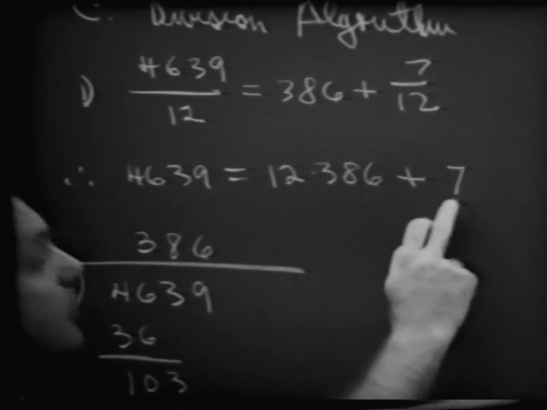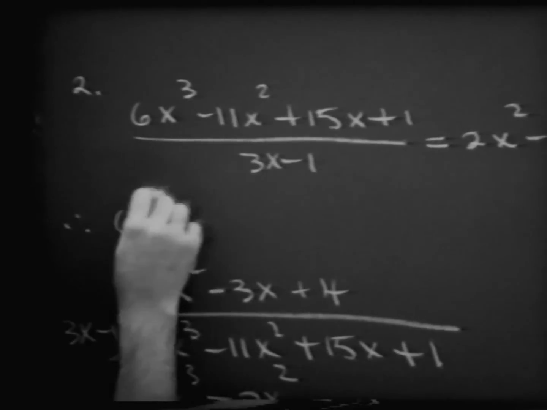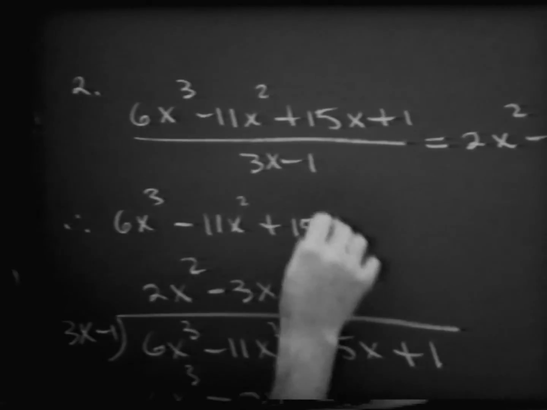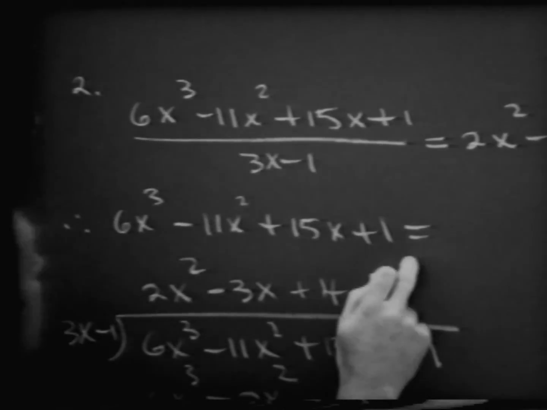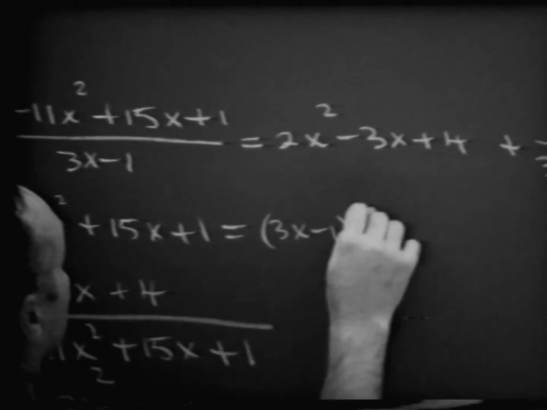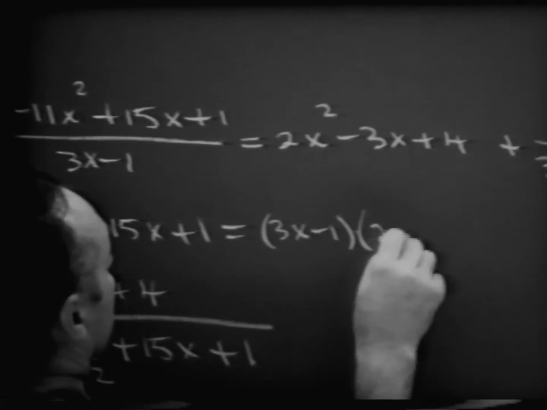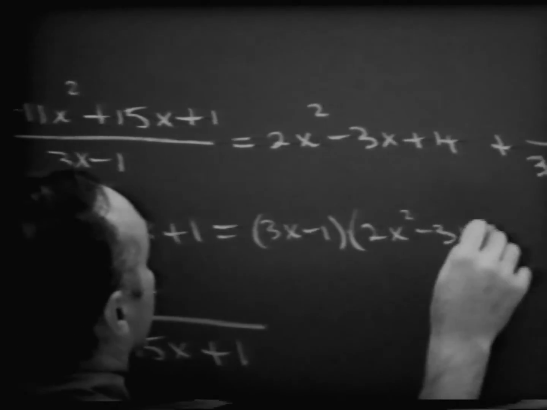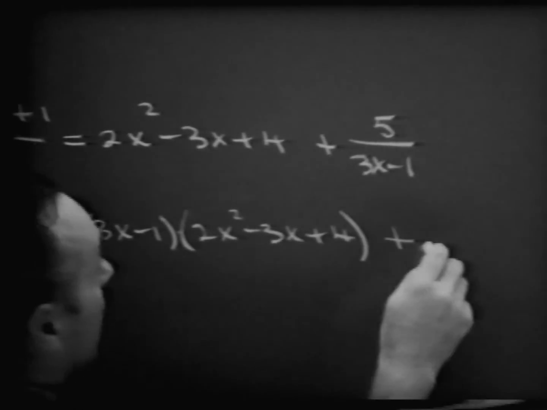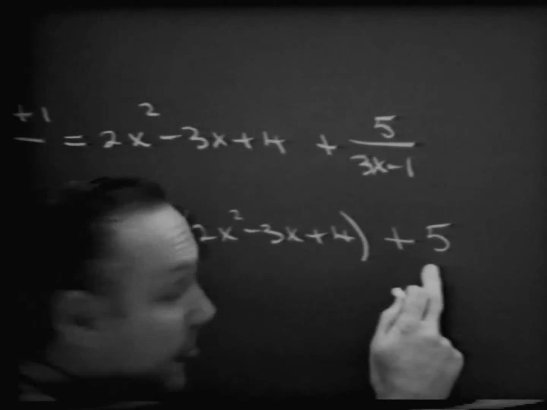And so in the algebraic case, we may conclude that 6x cubed minus 11x squared plus 15x plus 1 is equal to this divisor, 3x minus 1, times this quotient of 2x squared minus 3x plus 4, plus a remainder of 5. Okay?